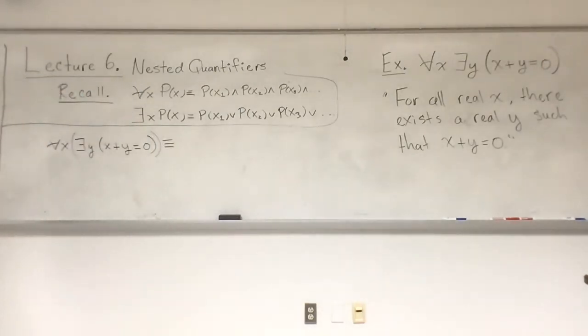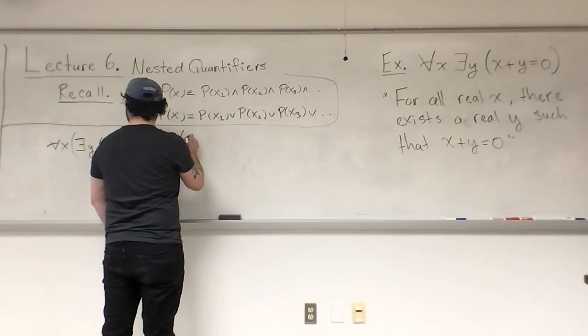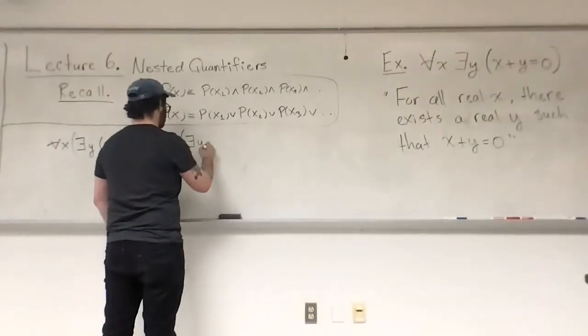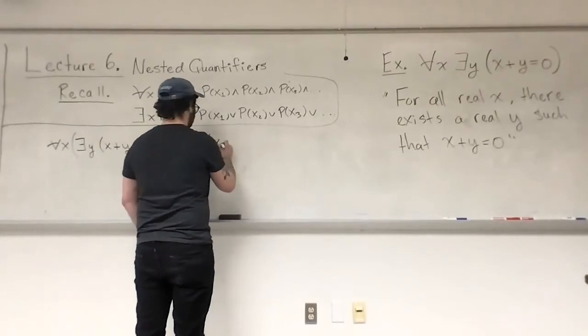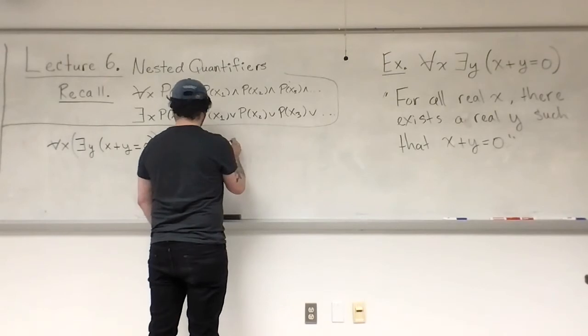It's going to look messy, but I hope that the idea remains the same. So what is this? Well, there exists y such that x1 plus y is equal to 0.